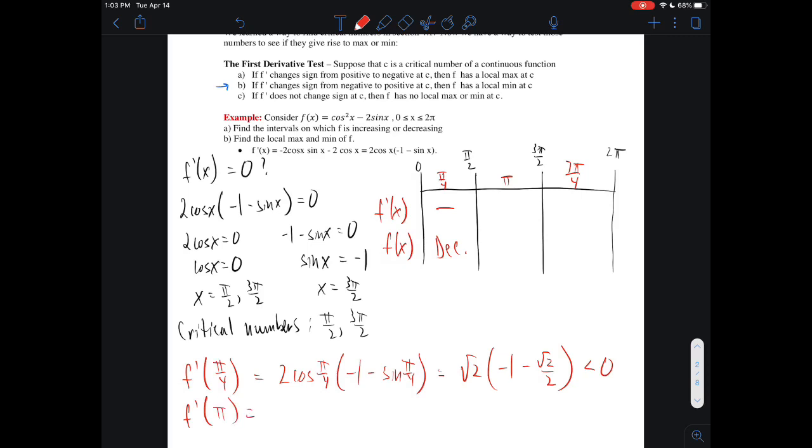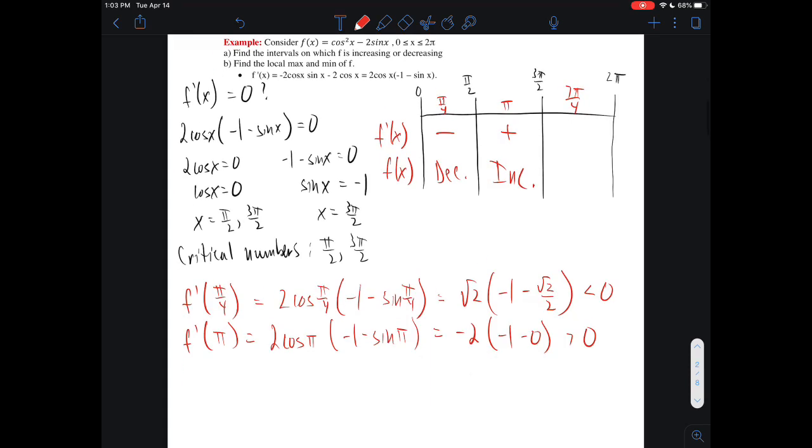This gives me 2 times cosine pi times negative 1 minus sine pi. Cosine of pi is negative 1. When I multiply that by 2, I get negative 2. And then sine of pi is 0, so negative 1 minus 0. That's going to be a negative times a negative, which is positive. So this means that my function is increasing now.